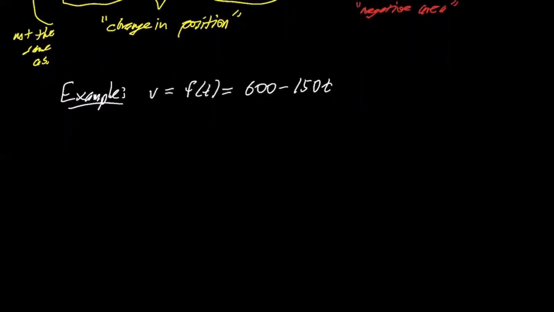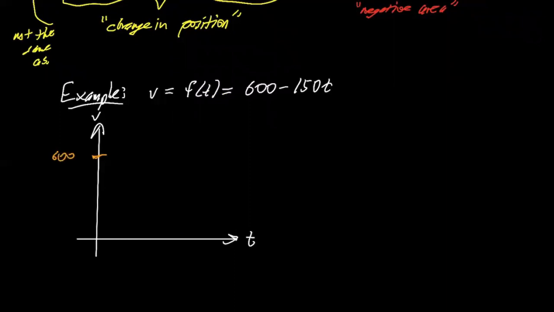But if we graph velocity versus time now, we're going to have a function that starts up here at height 600. So you go rocketing out of Thorn pretty fast.